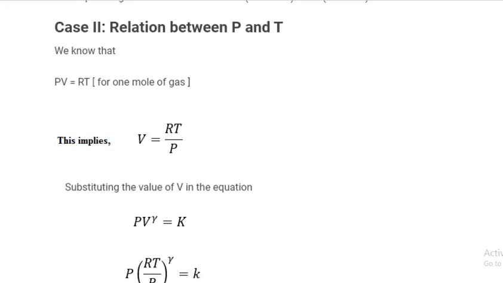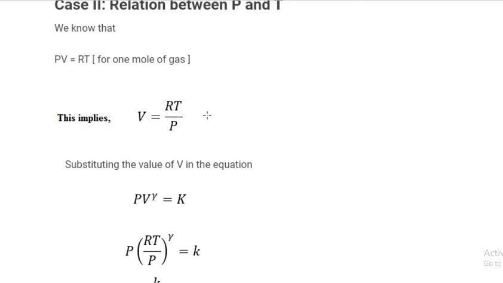This implies V is equal to RT by P. Substituting the value of V in the first relation, P V gamma is equal to K, that is the relation between P and V in an adiabatic process.